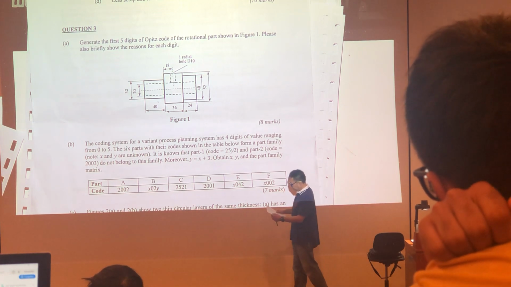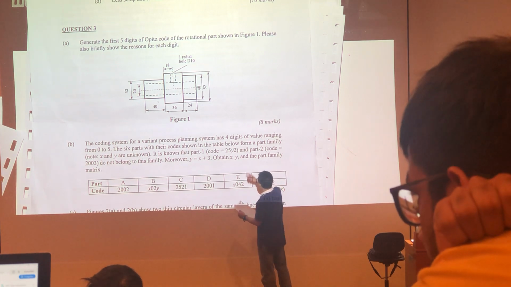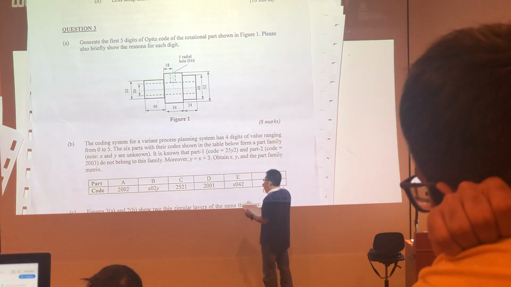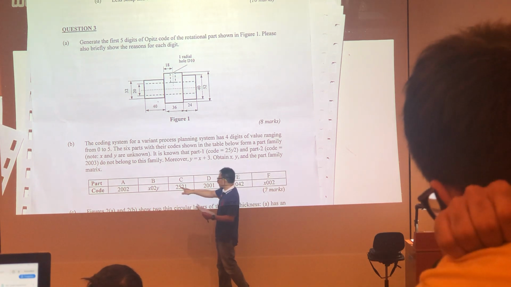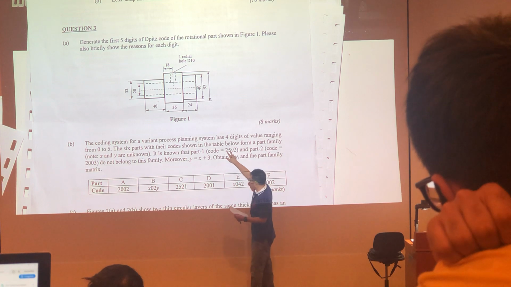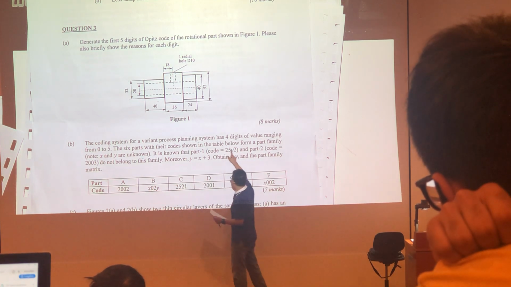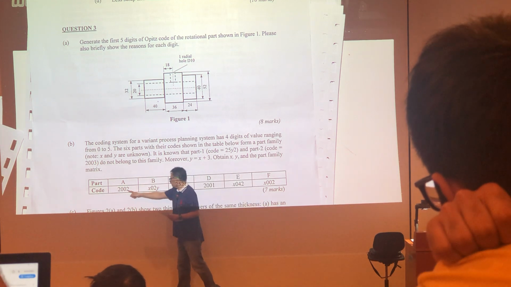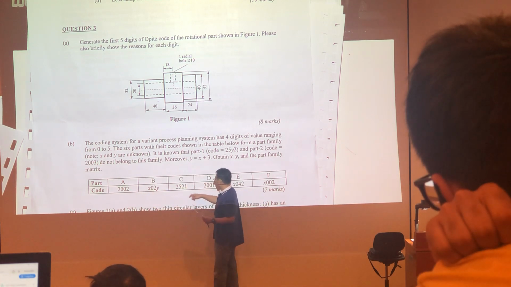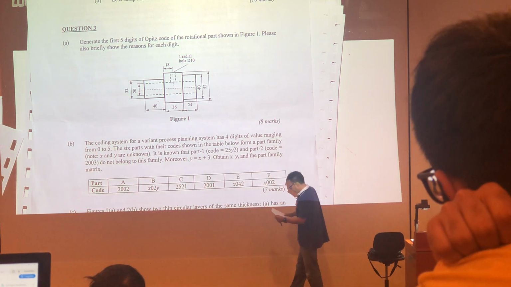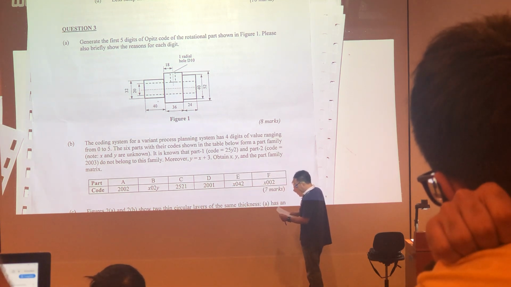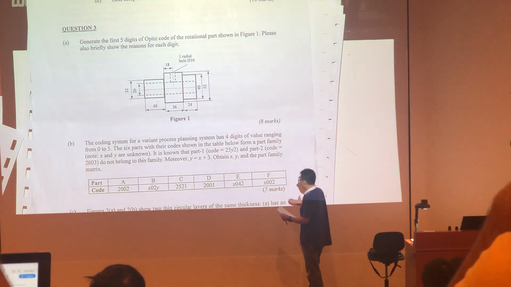So 25y2 does not belong to this. So 2, 5. First 2 is there. The last one, 2, also there. So y in the middle cannot be 0, cannot be 2, cannot be 4.